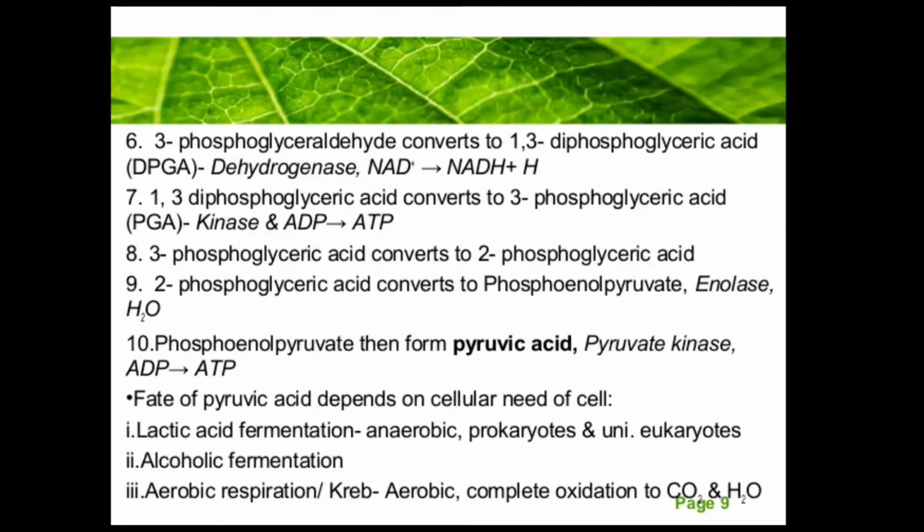Now there are 3 major ways in which different cells utilize pyruvic acid produced during glycolysis. These are lactic acid fermentation, alcoholic fermentation, and aerobic respiration.